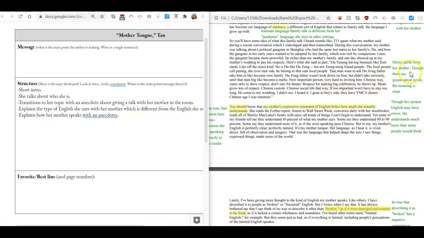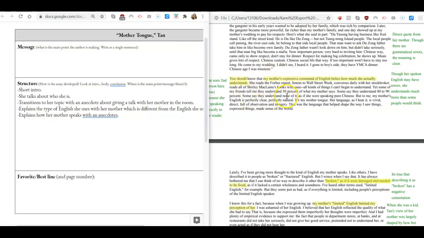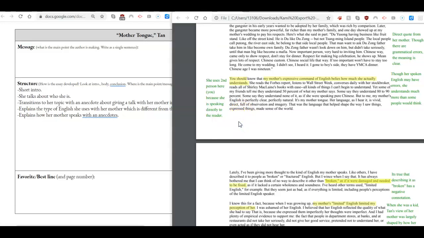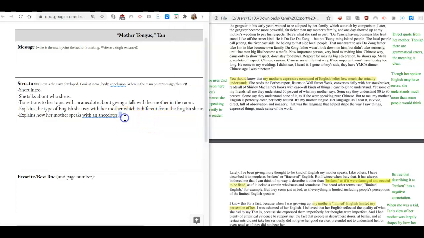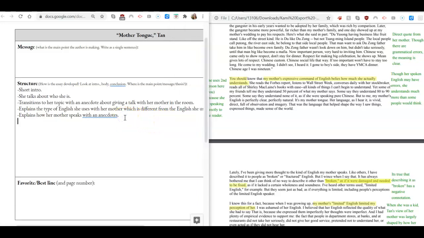And really what's important there, I think, is that we get the meaning, even though the English is maybe not as grammatically correct as Amy Tan's. So then she transitions into how her mother really is quite bright and also is quite literate. She understands a lot. It's just that her speaking makes it sound like she maybe doesn't understand as much as she would otherwise.